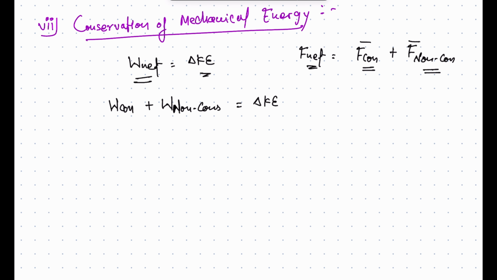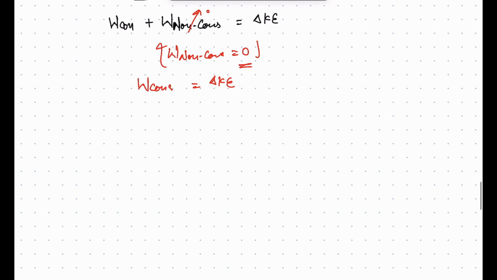Now let's take the condition that the work done by the non-conservative forces is 0. If this becomes 0, then I can say the work done by conservative forces is equal to the change in kinetic energy. From here, the change in kinetic energy plus the negative of the work done by the conservative force is going to be 0.